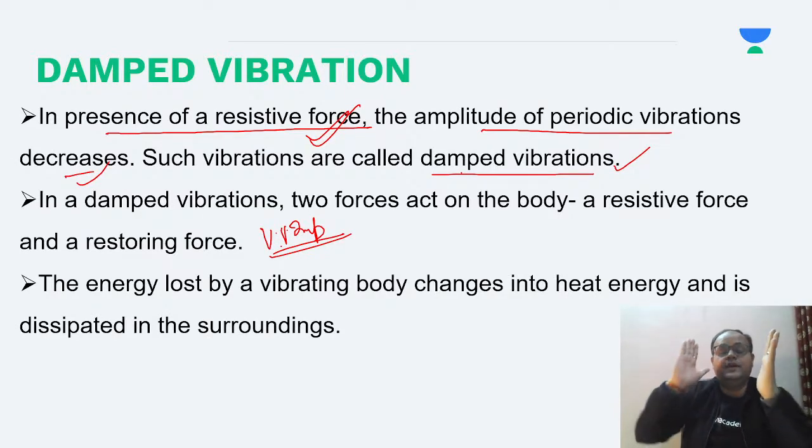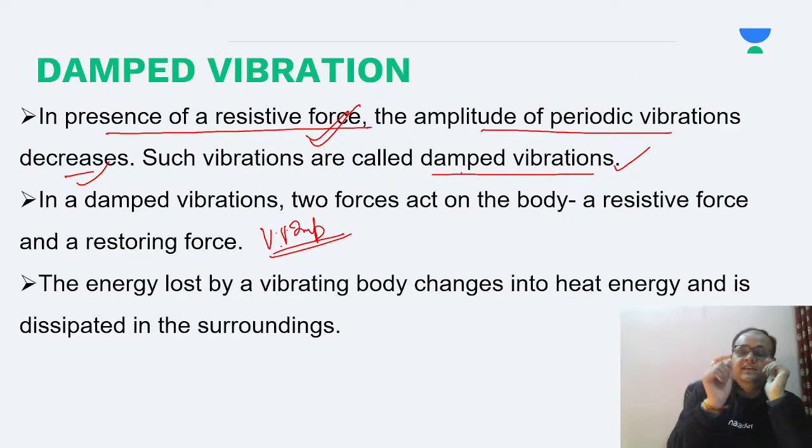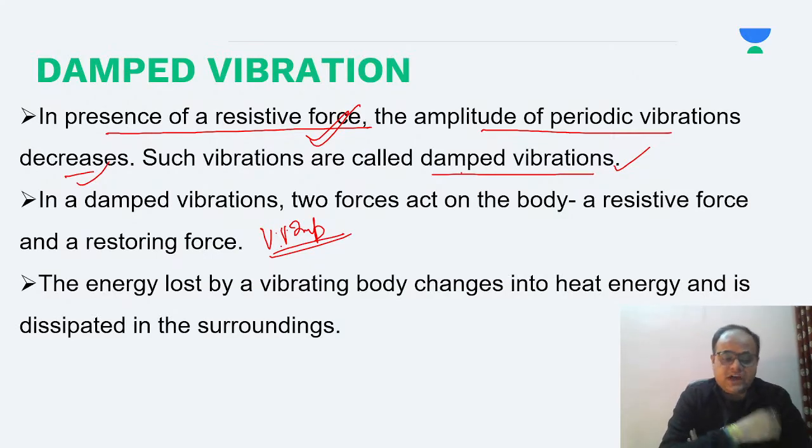If you hit a tuning fork and it gets vibrated and there is no restoring force, then the prongs will be permanently elongated. Does this happen? No, it doesn't happen. The body always regains its original position, and this is because of the restoring force. So the absence of restoring force is out of the question.